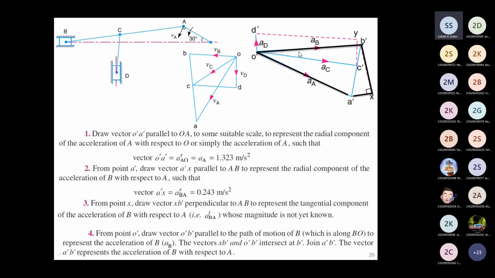Now we know that this is the reference line. If there is any reference line, then we do not consider it as a part of the velocity or acceleration diagram.